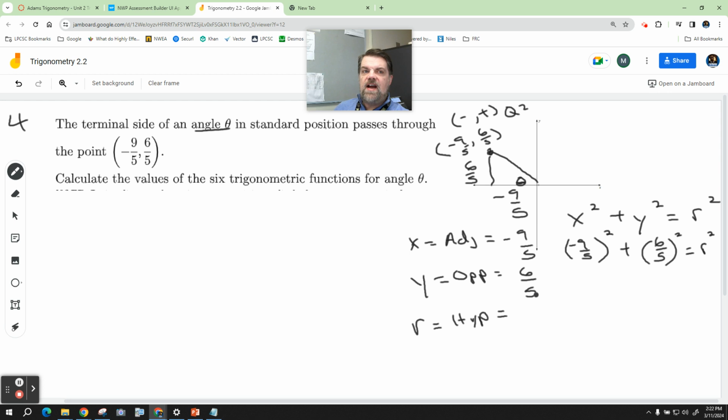And when you square a fraction, you just square the top number and you square the bottom. A negative times a negative is a positive, so this just becomes 81 on the top. And then 5 times 5 on the bottom is just 25, plus 36/25 equals r squared.